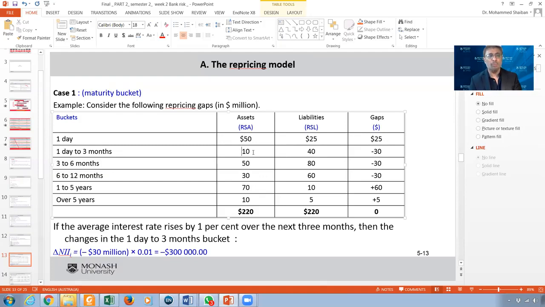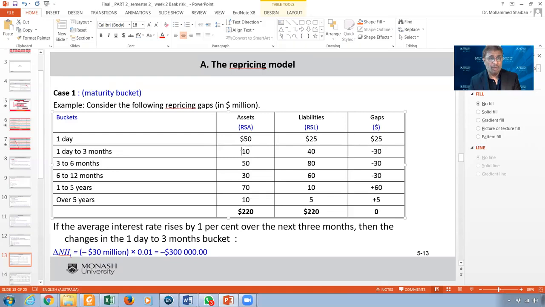Only 10 will remain here, which means I will be receiving 10 and paying 40. Now I have to borrow the difference, 30. If the interest rate is going up, it's not a good case, because I have to borrow 30 now at the new rate. And this is what's happening.